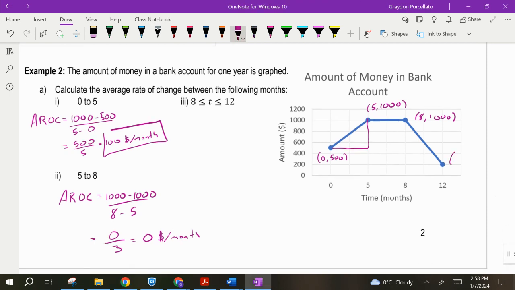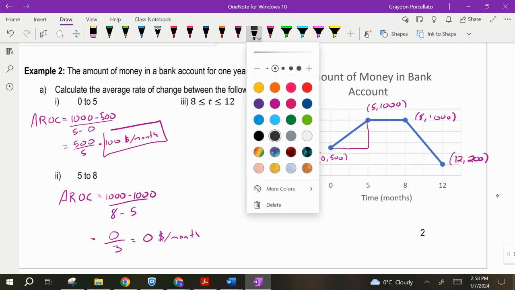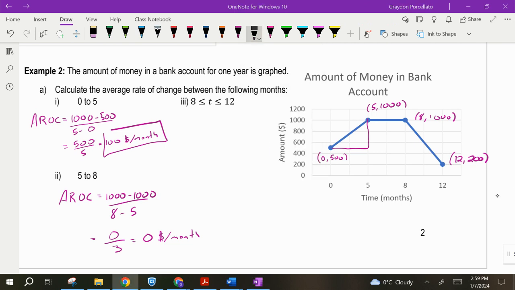So this is 12 here, and it looks like 200. So again, all we're going to do here, and I'm going to label this one specifically, this is going to be my y2, x2, x1, y1, just so you see the importance of the order of these points.